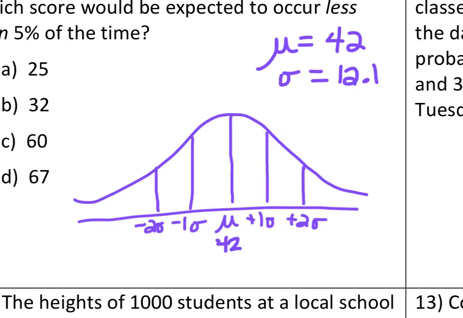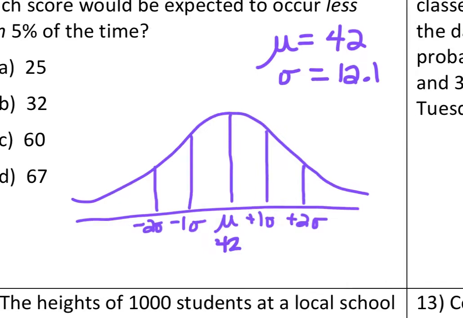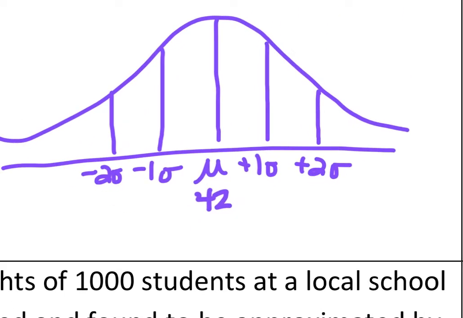And grab your calculator and add and subtract. So 42 there in the middle, 54.1 and 66.2, and minus 1 is 29.9.